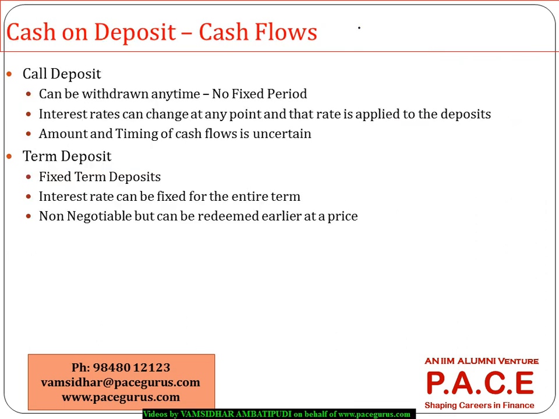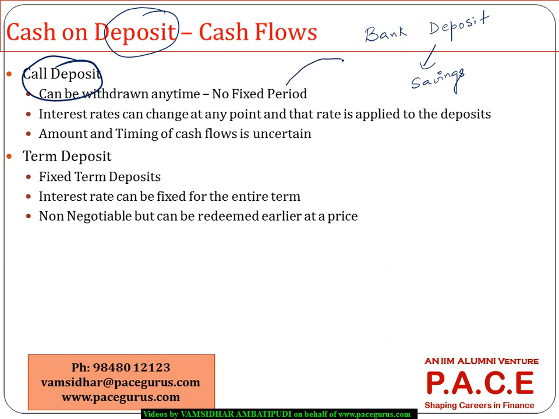Then the other set of securities that I can talk about, which all of you might be comfortable with, is the bank deposit. If we look at the characteristics of a bank deposit, especially savings accounts, which are otherwise called call deposits, you can deposit your money at any point in time, and you can withdraw the money also at any point in time.